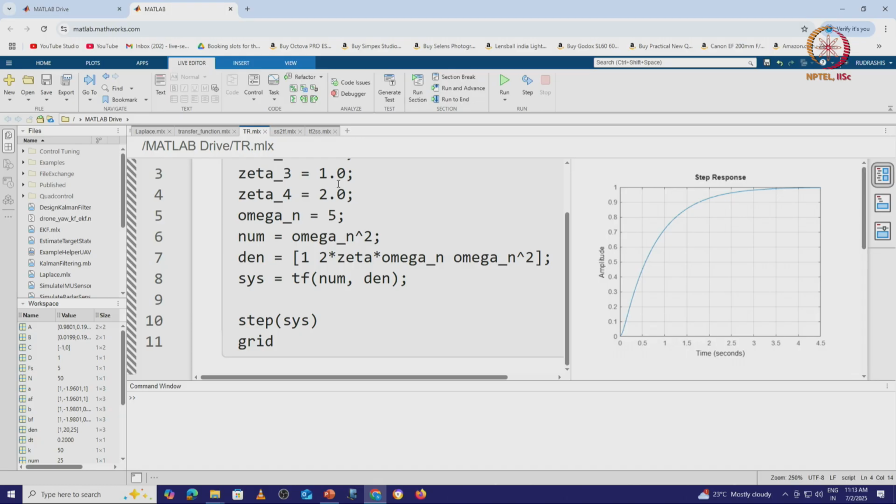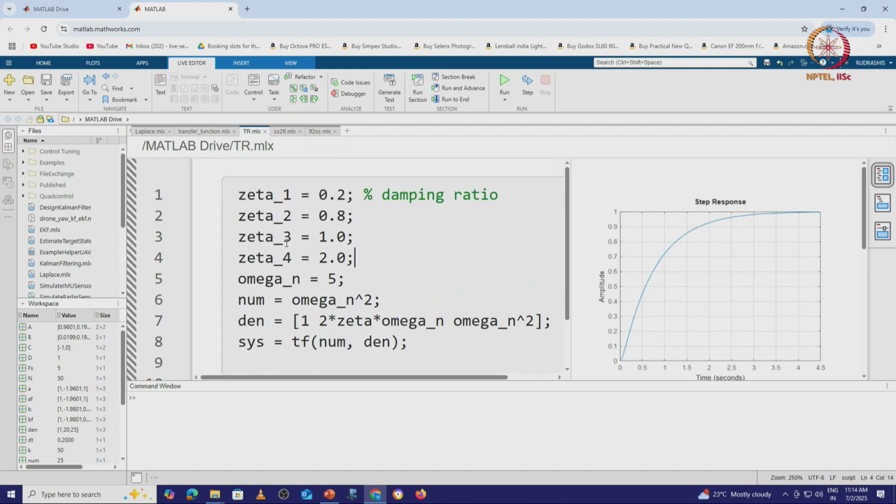If we increase zeta from critical damping to overdamping, higher than 1, there is also no overshoot, but there is a difference between the critical damping and overdamping scenarios. So I request the students to plot this response and see how things change with different damping ratios. This is the Matlab demonstration of transient response.